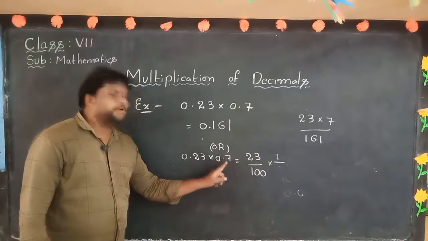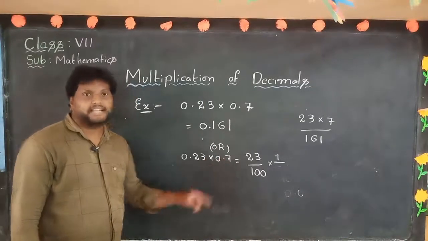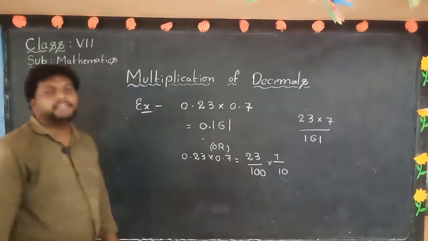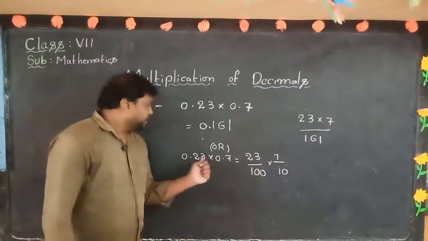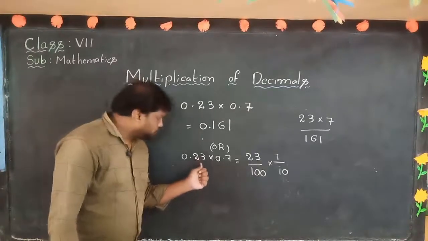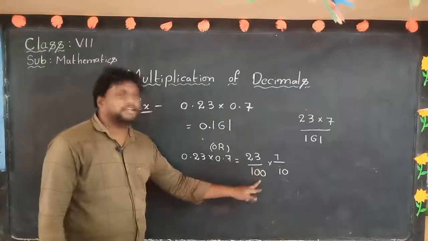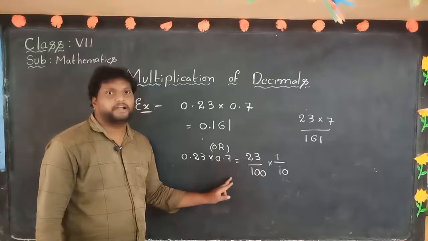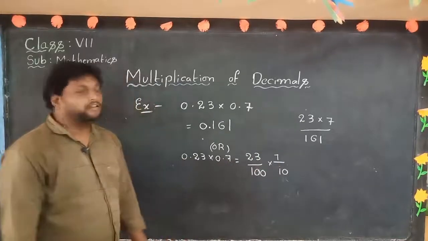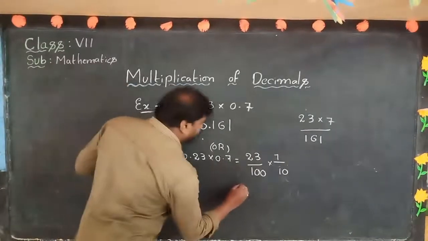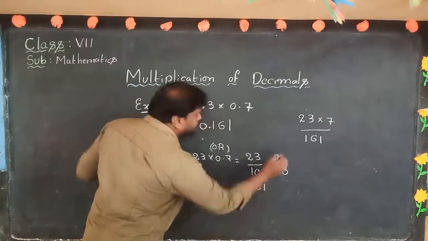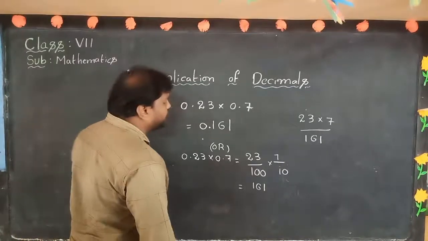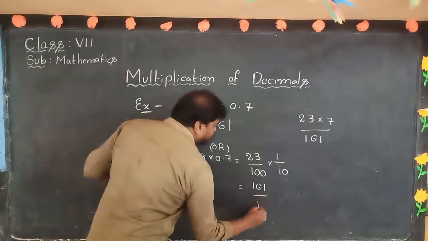Here in the decimal part we have only 1 digit, that's why in the denominator we get only 10. In the first term we have 2 digits in the decimal part, that's why the denominator has 2 zeros. In the second term we have 1 digit, that's why the denominator has one 0. Then 23 7s, we already solved, are 161. 100 into 10 is nothing but 1000.